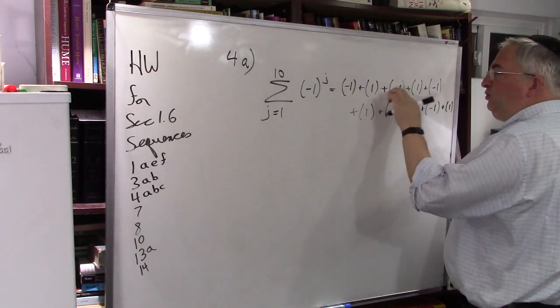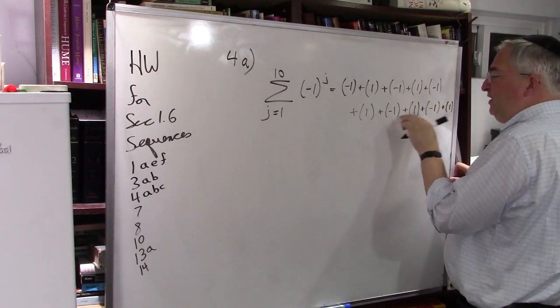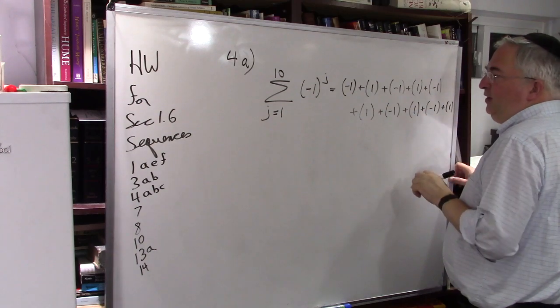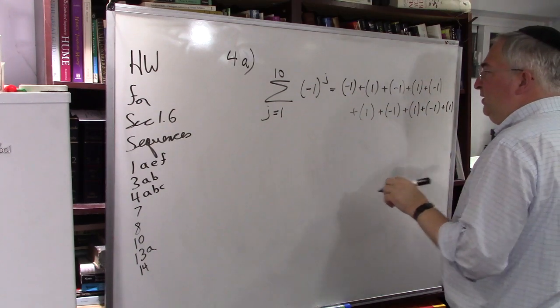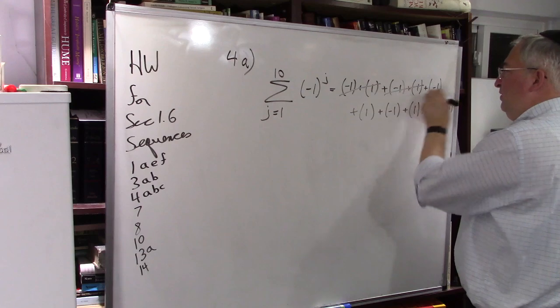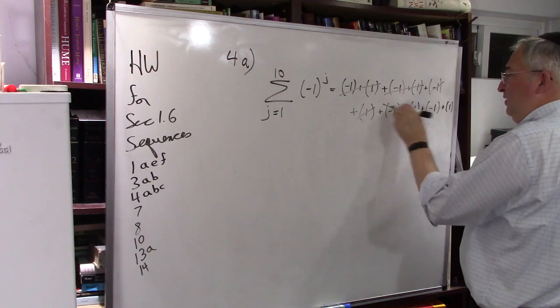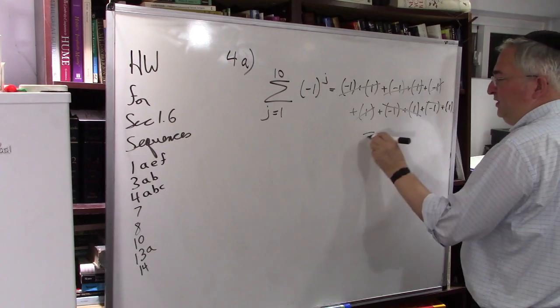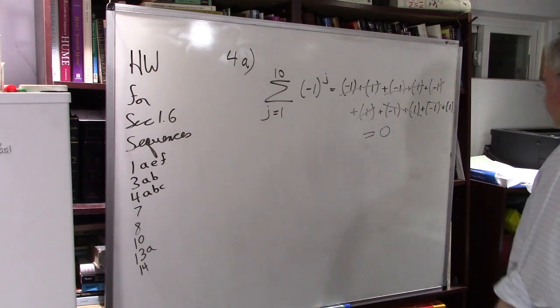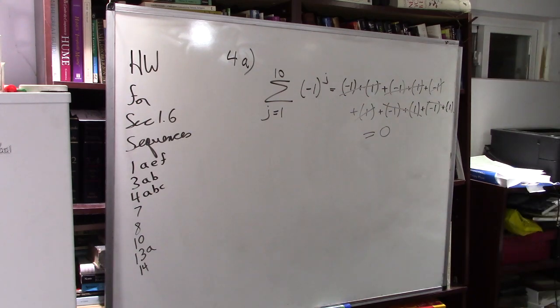That's 1 through 10. Okay, so let's add this up. That's 0, 0, 0, 0, 0. So it's equal to 0. Can't get easier than that.